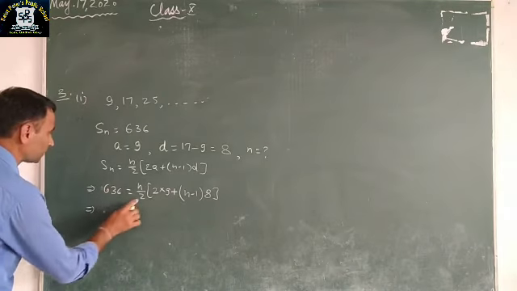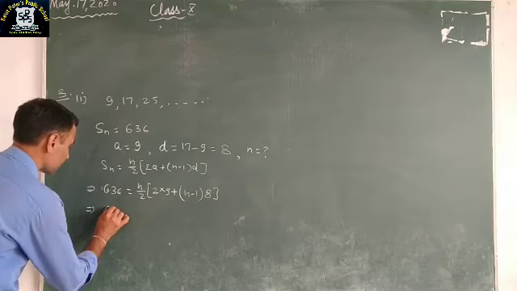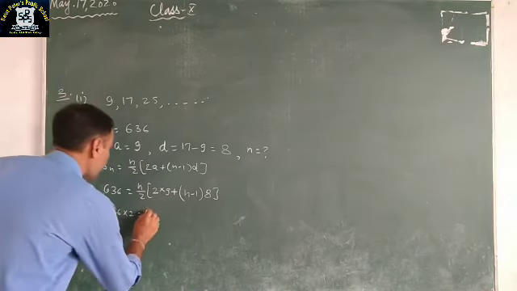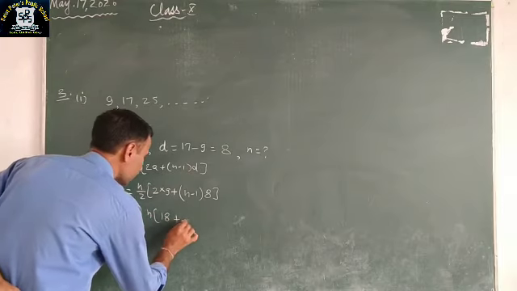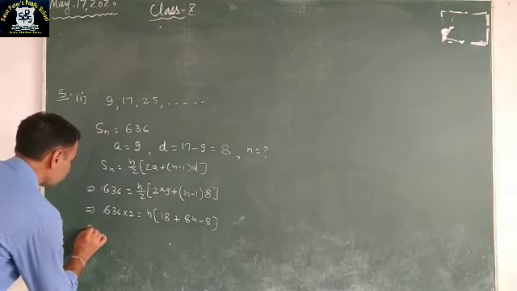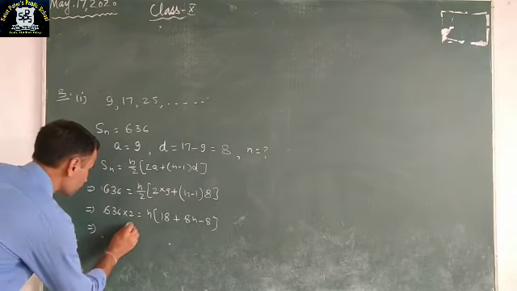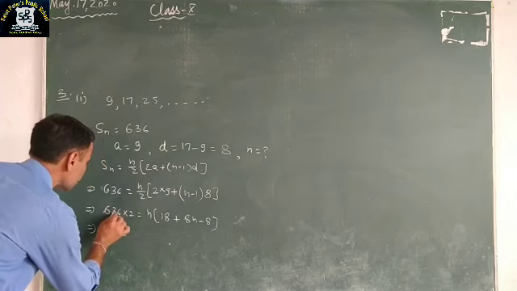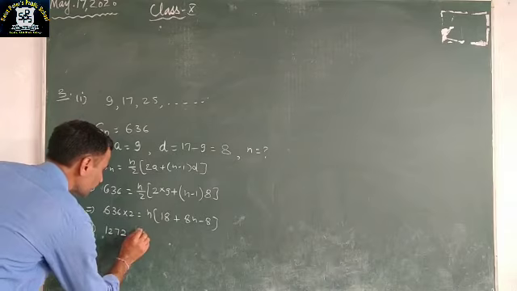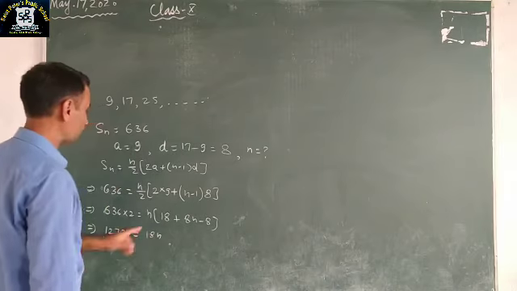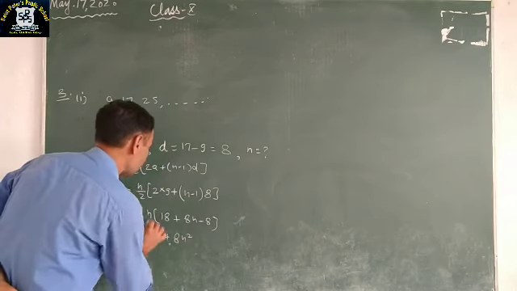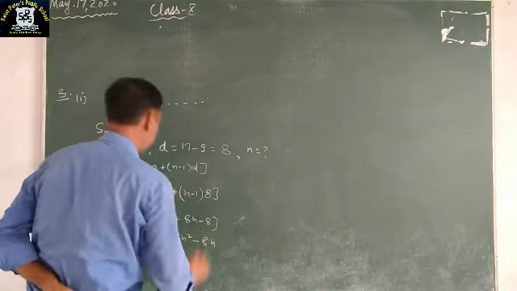636 multiplied by 2 is equal to n into 18 plus 8n minus 8. Opening the bracket, it comes 18n plus 8n square minus 8n.